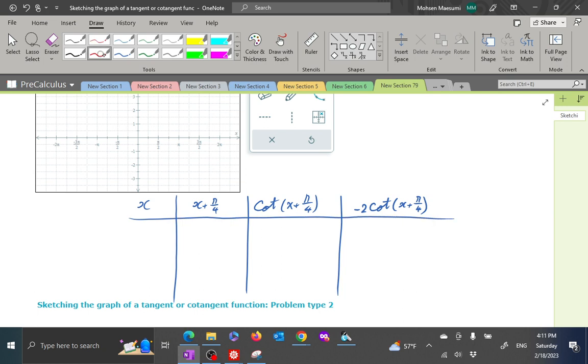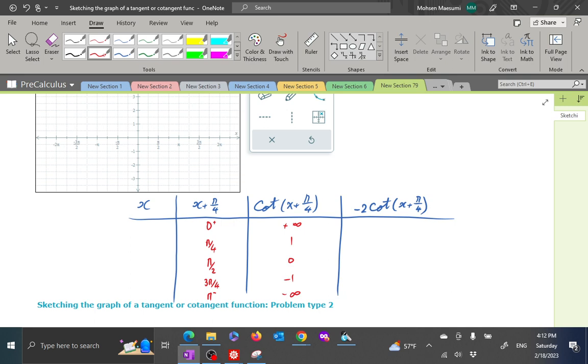So here's our table. Our angles as usual 0 to pi. We go through cotangent.